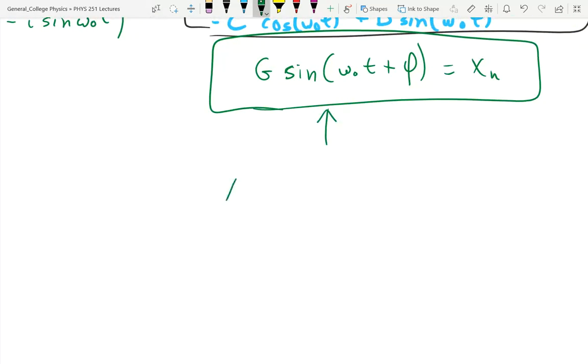By the way, we would have X is equal to X particular plus X homogeneous is equal to, what was it, G M over K. Is that right?